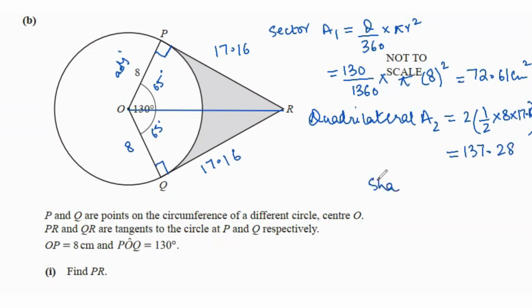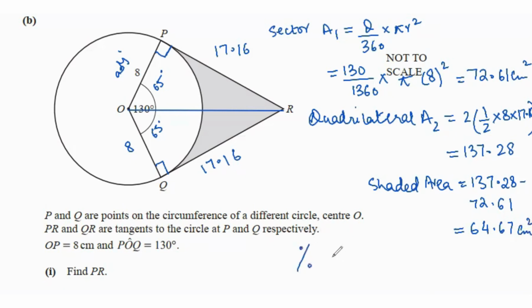So shaded area is going to be the difference of 137.28 and 72.61, which is 64.67 centimeters squared.